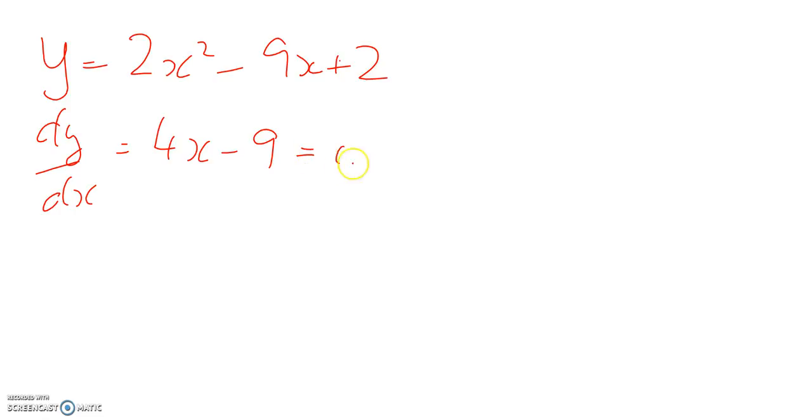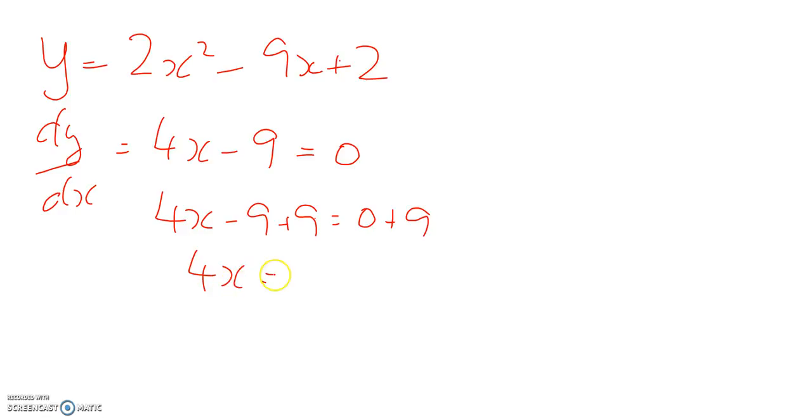We put this equal to 0, and this implies that 4x take 9 equals 0, so 4x equals 9. Divide both sides by 4, we get x equals 9 on 4.